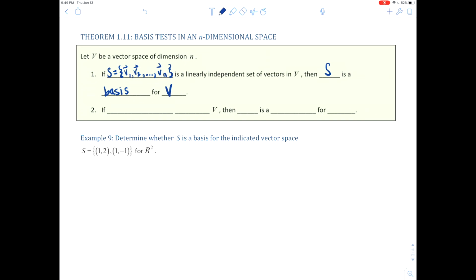It also turns out if S equals V1, V2, all the way down to Vn, and if that set spans V, then S is a basis for V. And the trick here is that if you know the dimension of your space, you can utilize this. So the key to these is that we knew that our vector space was of dimension n. That's how that works out.